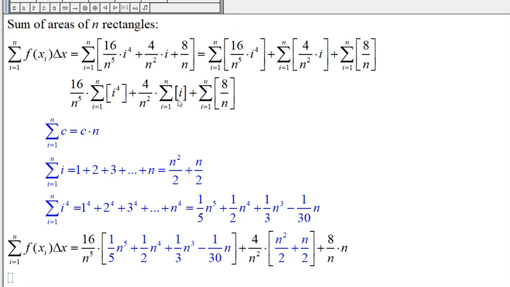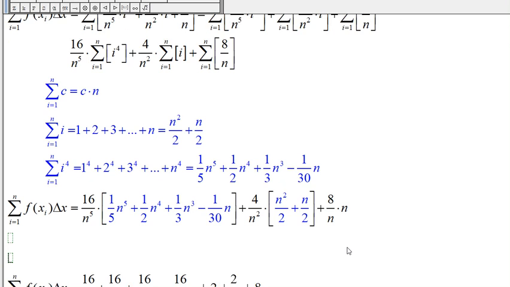And the summation of i we'll replace with n squared over 2 plus n over 2. And as mentioned earlier, this is the summation of the constant 8 over n, because the summation is with respect to i, and there's no i here, so think of this as a constant. So 8 over n times n.